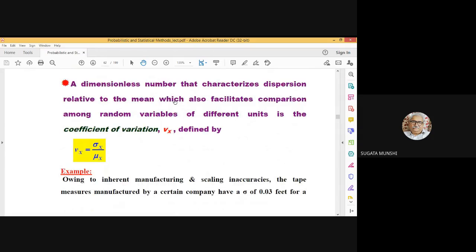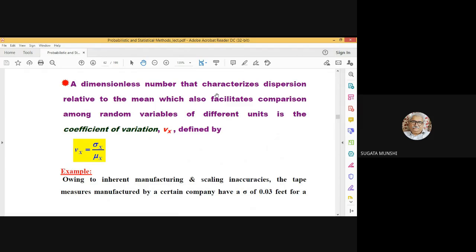A dimensionless number that characterizes dispersion relative to the mean. So it also helps you in comparing among random variables of different units. So that is known as coefficient of variation. I am representing that by Vx, which is actually sigma x by mu x.